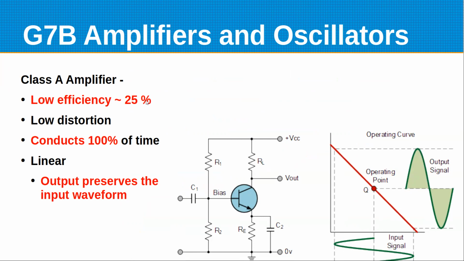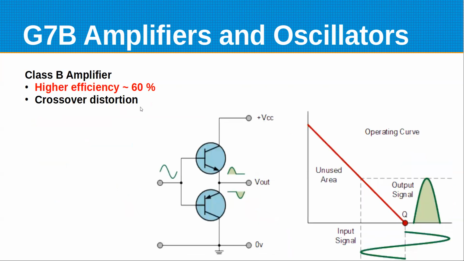The key thing is it's low efficiency, about 20-25%. Very low distortion. It's on 100% of the time, and it preserves the input waveform. For Class B, we get up around 60%, but you've got some crossover distortion because of the two stages, because you're amplifying the positive and negative peaks of the sine wave independently.